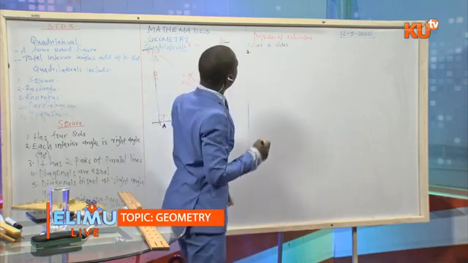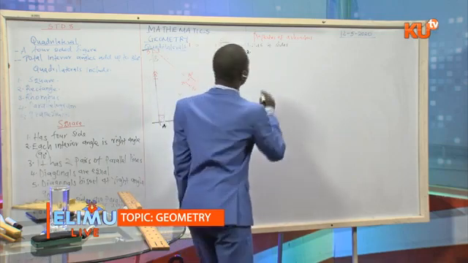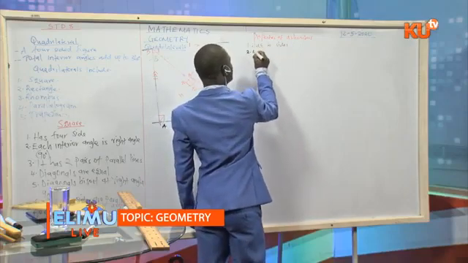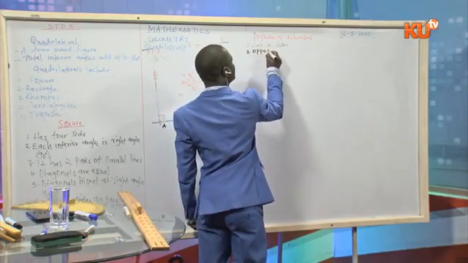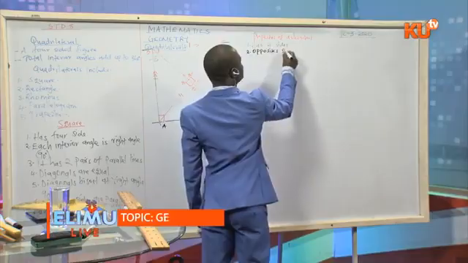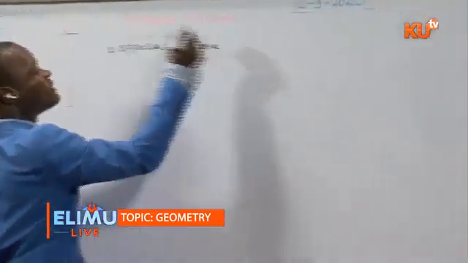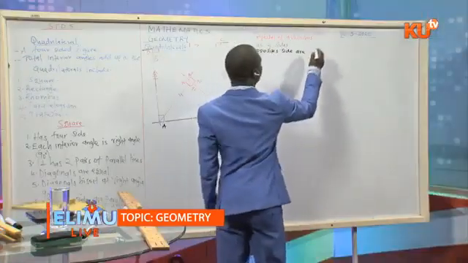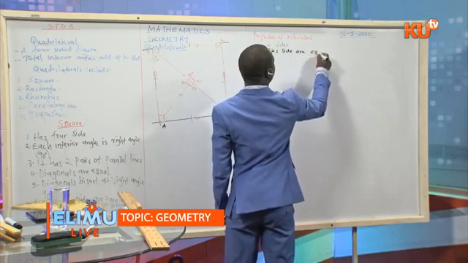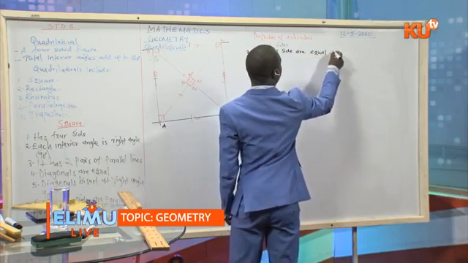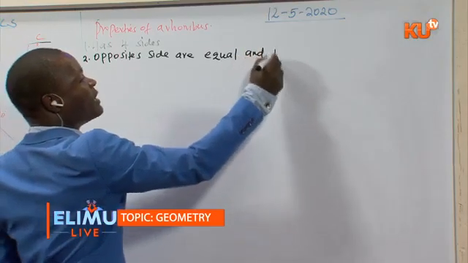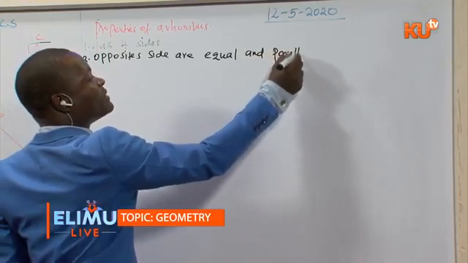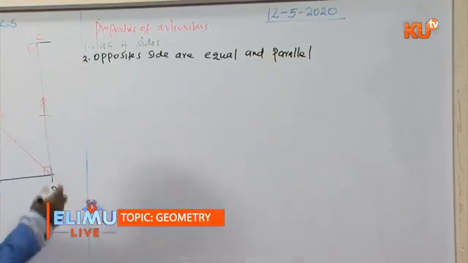Number 2 about a rhombus is that opposite sides are equal and parallel.